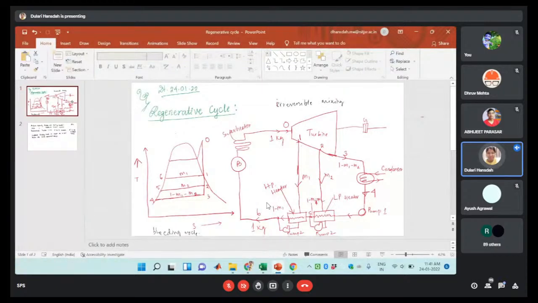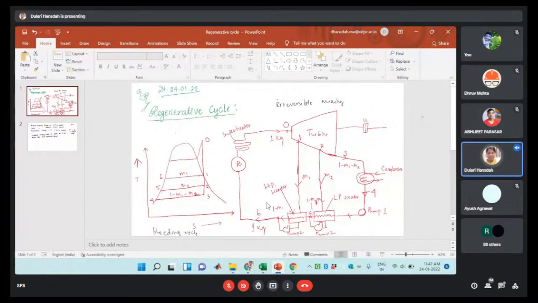If you are observing, in this case we are using two heaters. One is the high pressure heater, another is a low pressure heater. Let us consider that 1 kg of steam is continuously circulating inside this cycle. Suppose I am drawing m1 kg of steam from the turbine, and it is entering the heater and then going to the boiler.